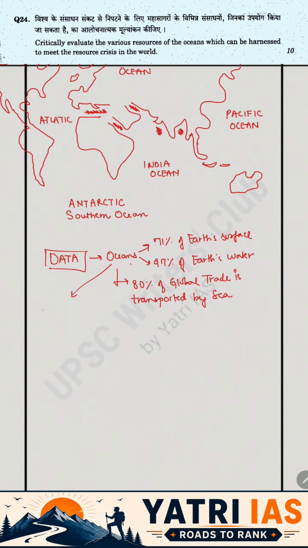And oceans also absorb nearly 25 to 30% of anthropogenic CO2 emissions as well. So oceans are very important if we want to tackle the resource crisis of the world.